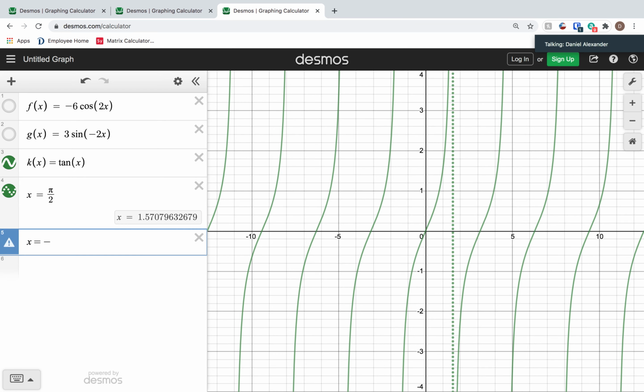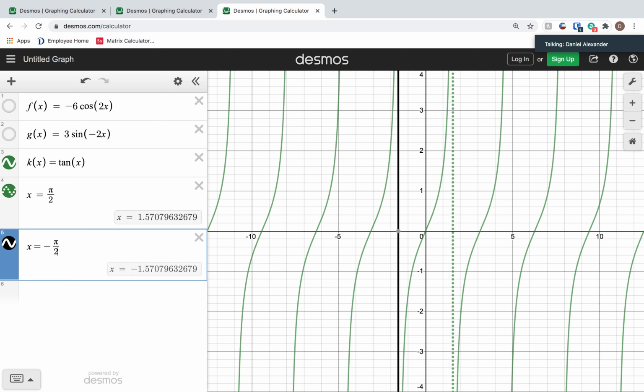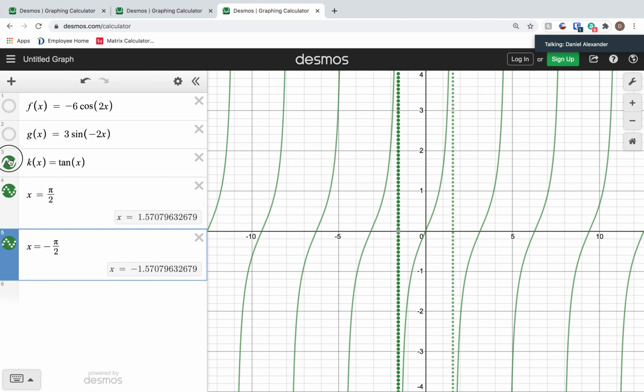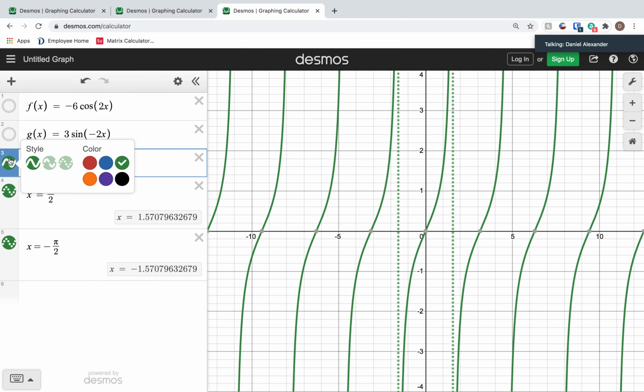I'm going to add the asymptotes. We talked about this in the graph. For that, I'm going to keep the asymptotes dotted in green, and I'm going to make the function red. Okay, so that's y equals tangent of x.